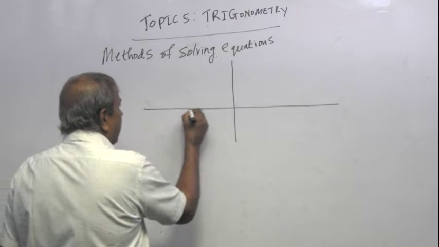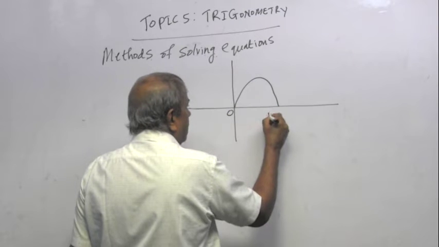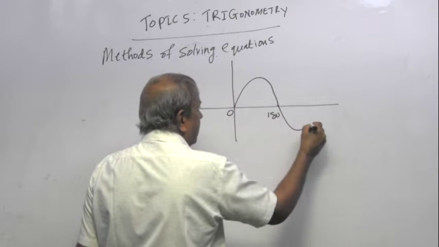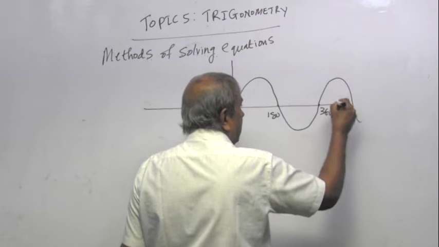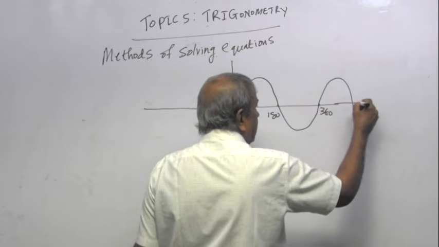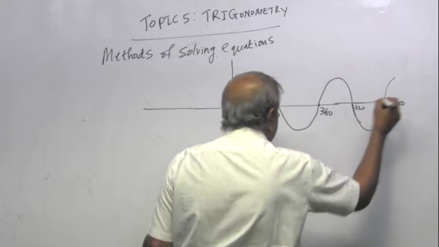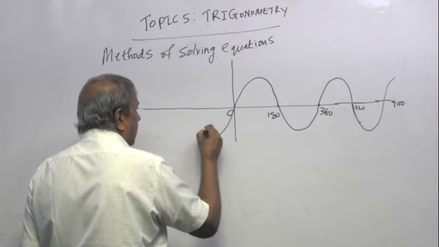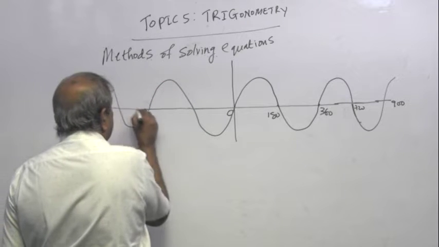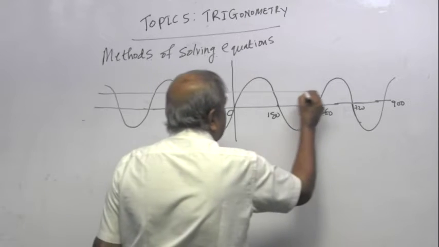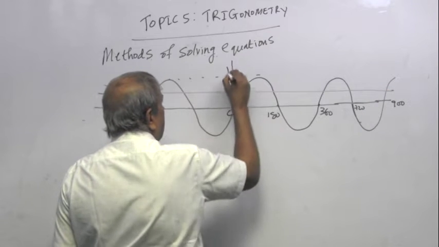So I'm looking at the sine graph. 0, 180, 360, 720, 900 and so on. And of course, minus 180, minus 360, minus 720 and so on. Suppose I take a simple example. The maximum is 1. I'll take half.